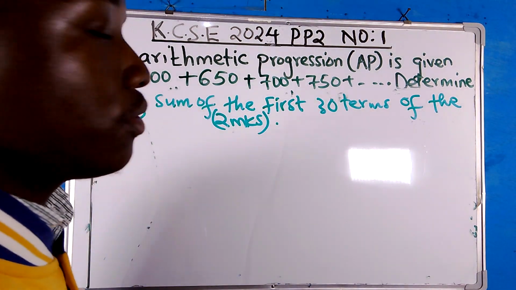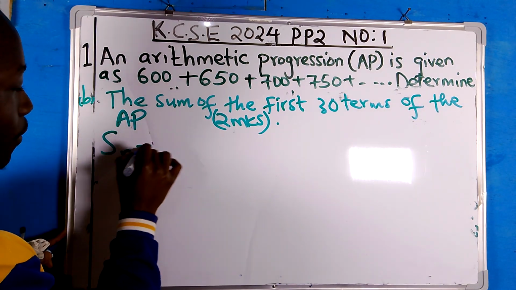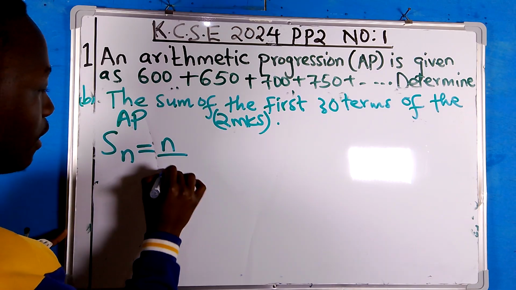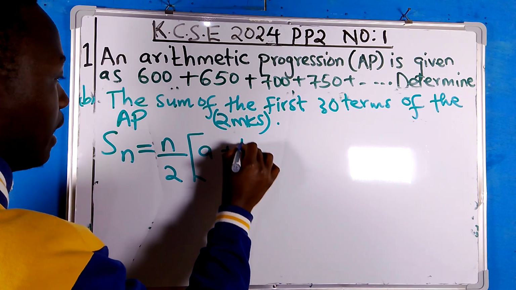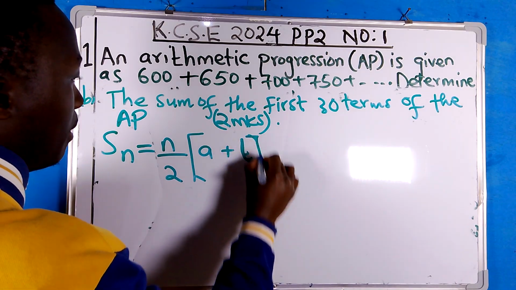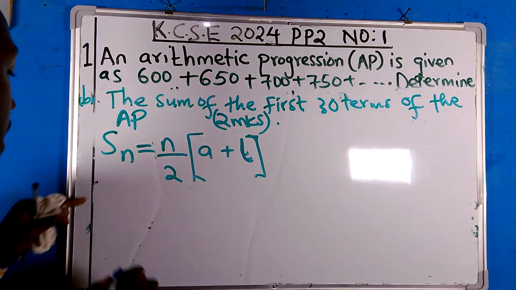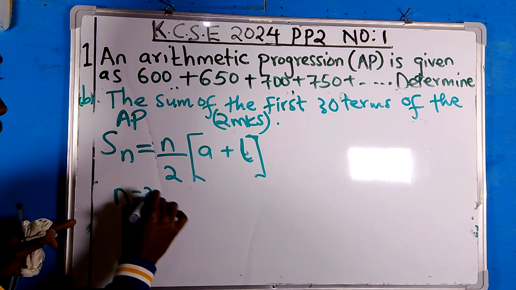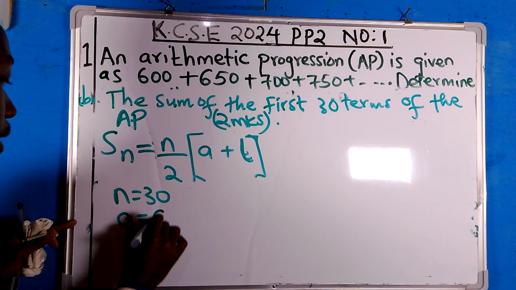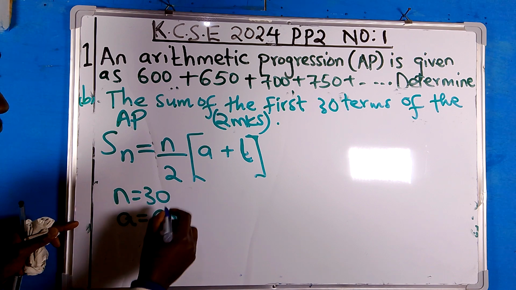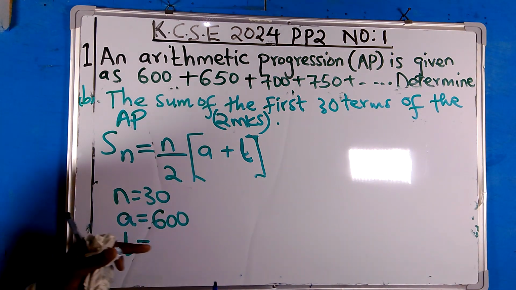So for us to determine the sum of n, we determine it by n over 2 into brackets A plus L. So our n is 30, our A is 600, and our last term L is equal to whatever we have just determined.